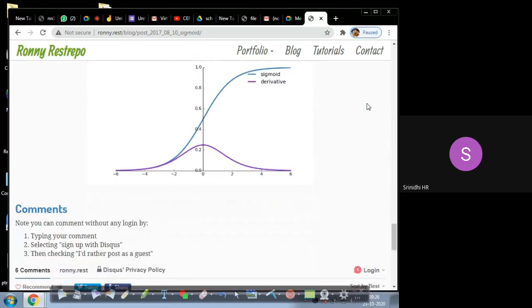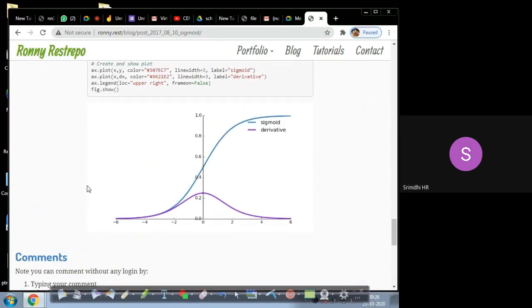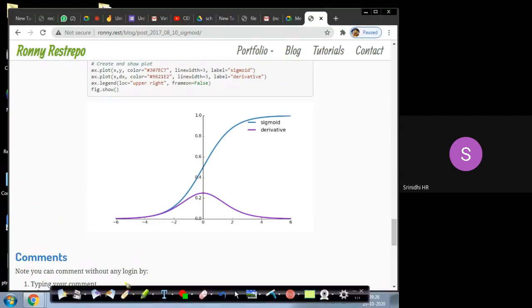This is very much important. Observe here. This is my sigmoid, the blue color curve. And this is your derivative. How do I find it after applying the sigmoid function?